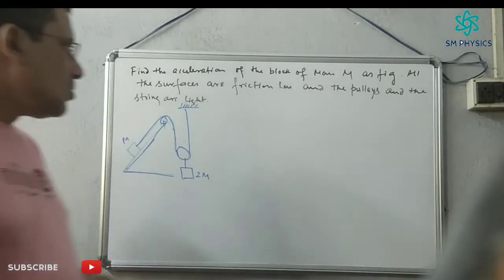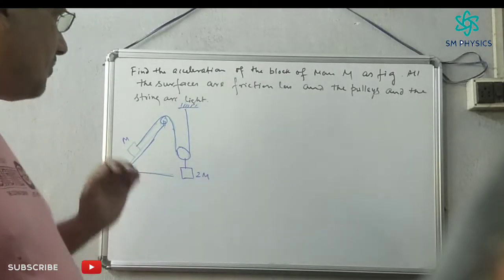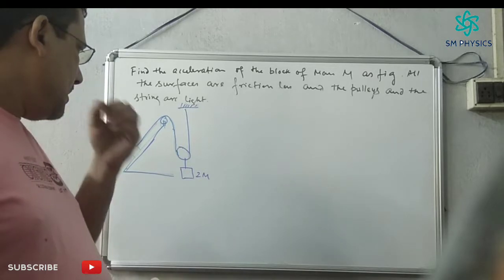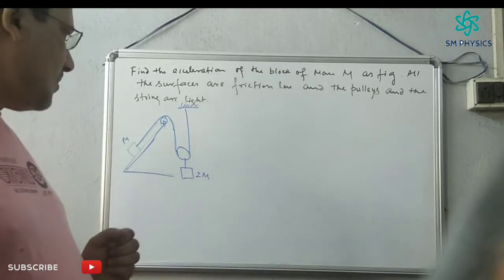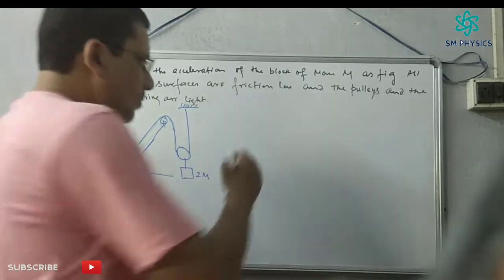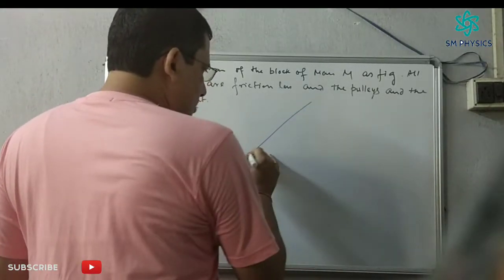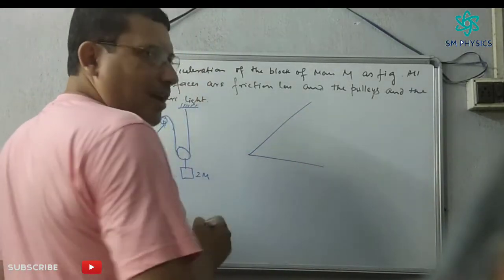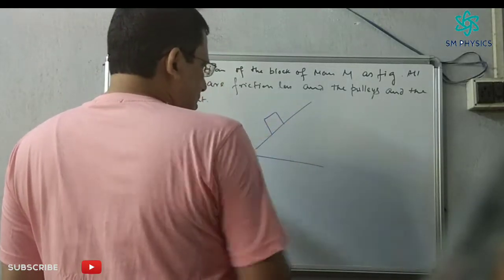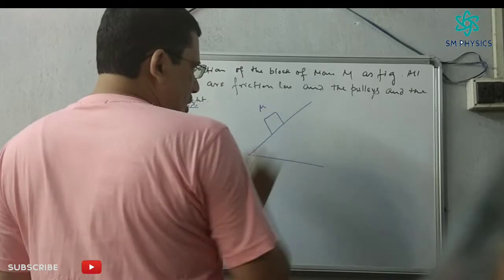Okay. So here in this case, before starting this problem, first of all, I discuss the inclined position of a block. This one is the inclined plane, and the block is here. Suppose the mass of the block is m.